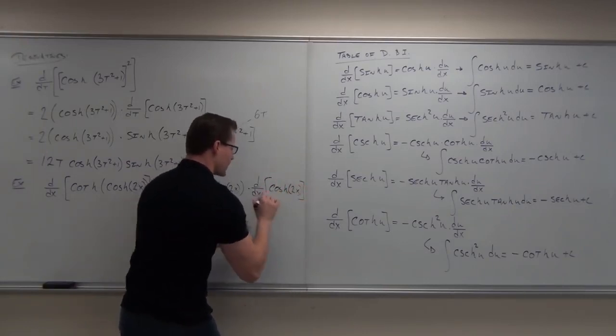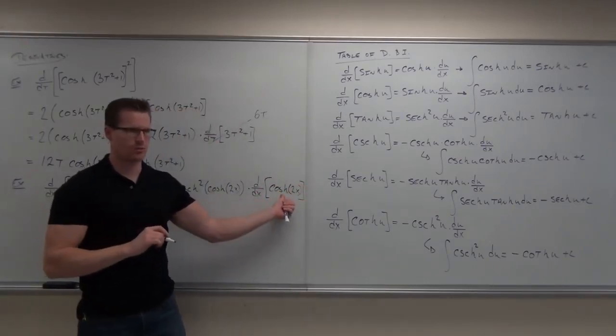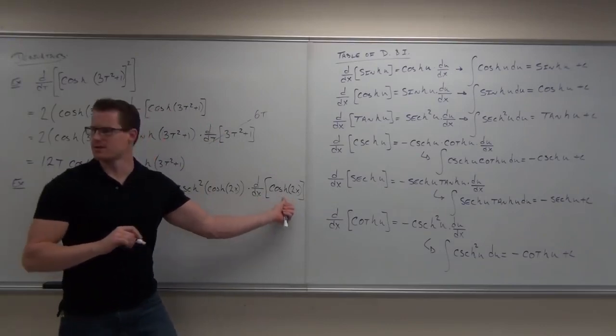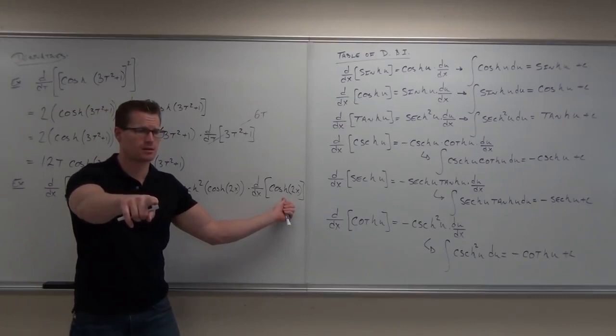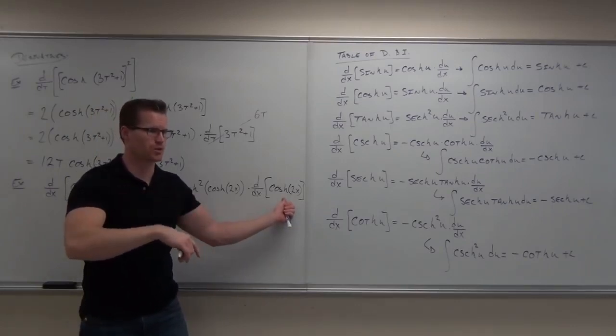Thankfully for us, that's a really easy chain rule. What's the derivative of this? Sinh 2x, and then times the derivative of 2x. So we're going to get a 2 out of that.